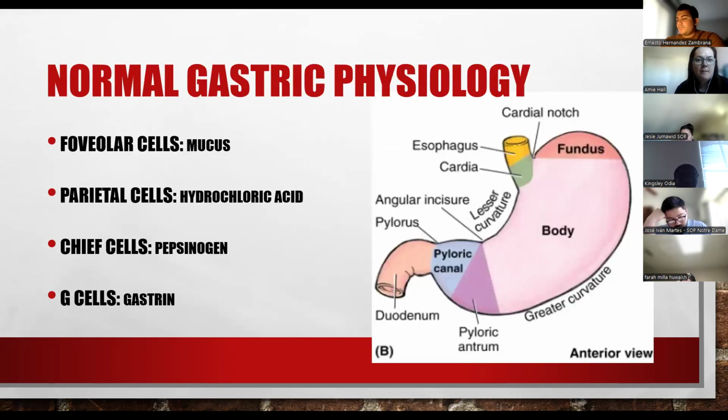So thinking about the stomach and the normal gastric physiology, we have several parts of the stomach.